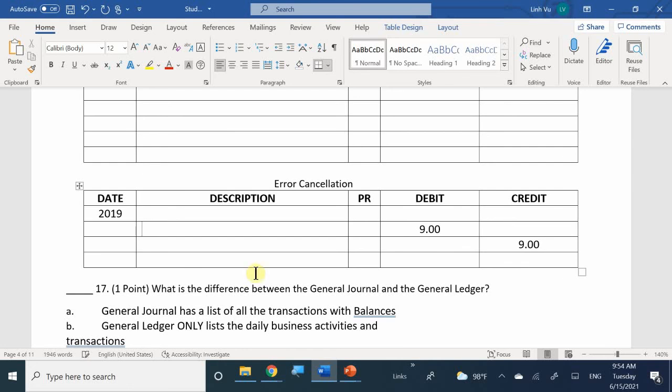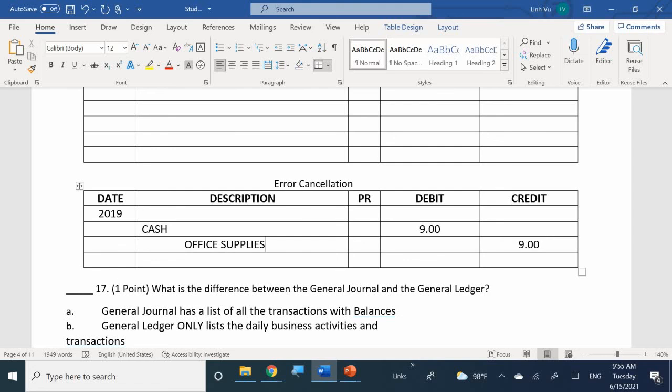You debit cash because you put too much money in the pile, and we recorded too much office supplies by $9, so we take $9 out to make it reflect 56 instead of 65. That's the error cancellation method.